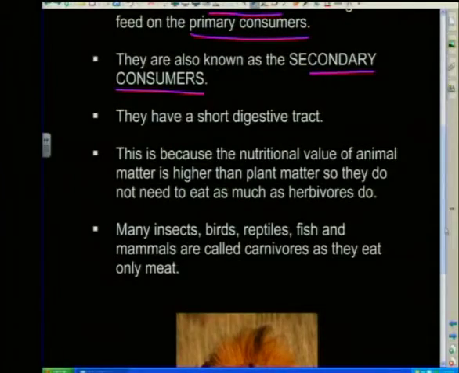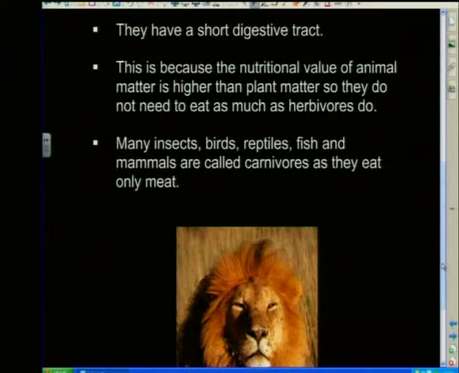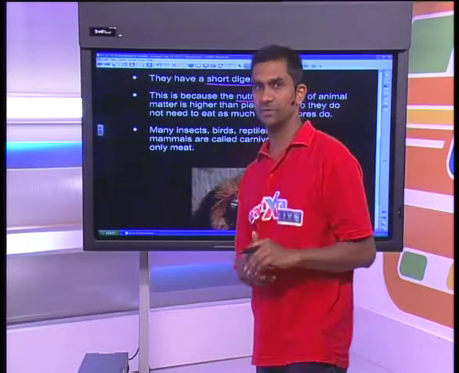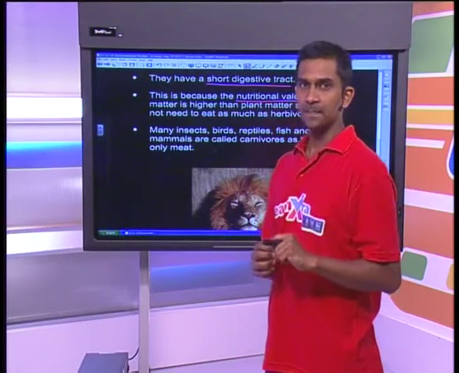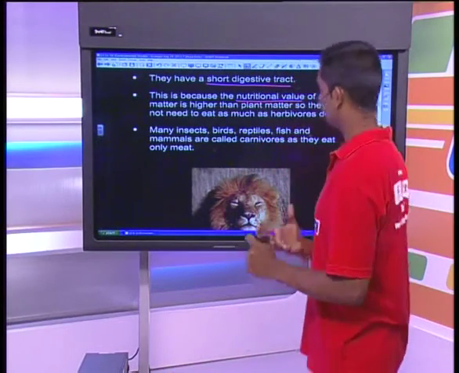When we look at our carnivores, they have a short digestive tract, and the simple reason behind this is that the food that they eat has a high nutritional value, higher than plant material, and hence they do not need to eat as much as herbivores do, so that they can sustain themselves.